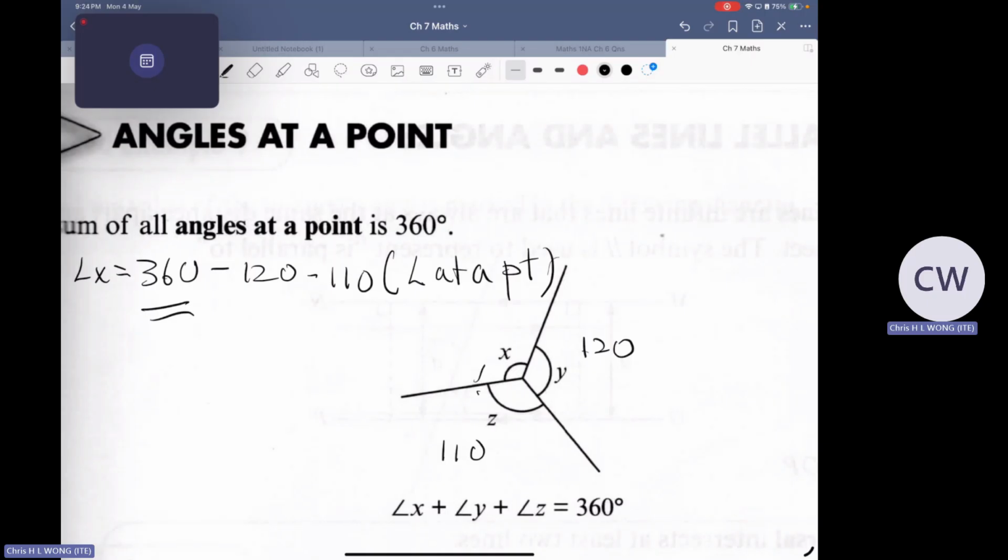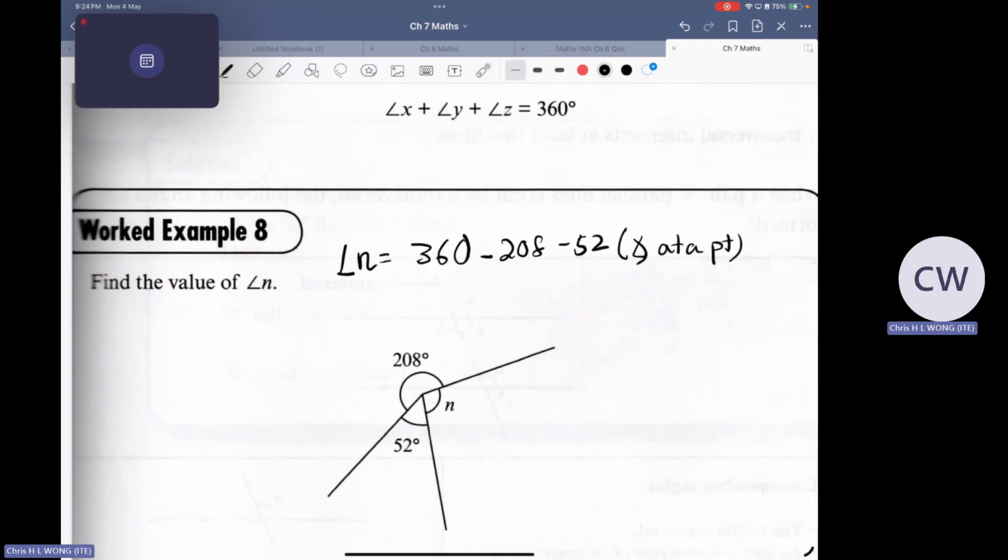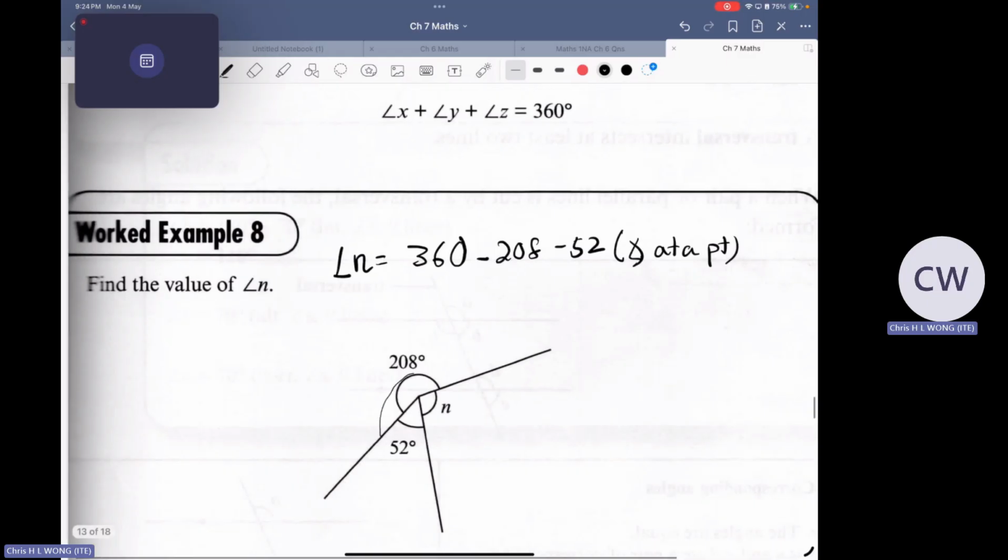Okay, I give another one. Find n. I'll take 360 minus 208 minus 50, angle at a point. So another reason that you learn: the moment you use 360, you can minus. Can I say this is vertically opposite angle now?